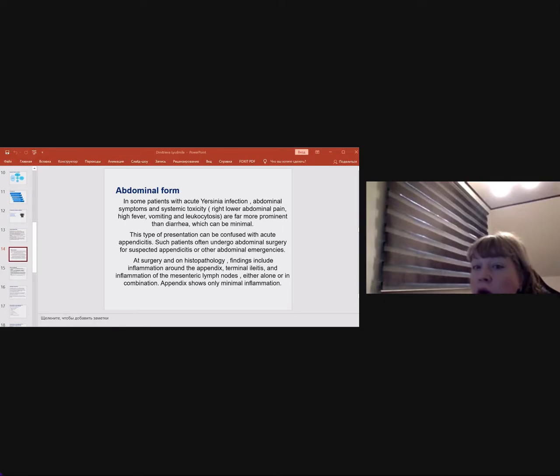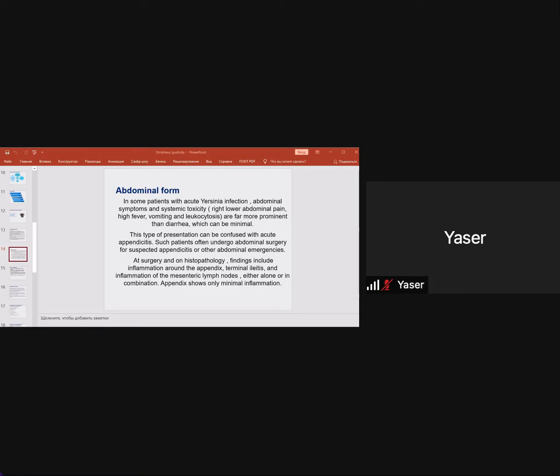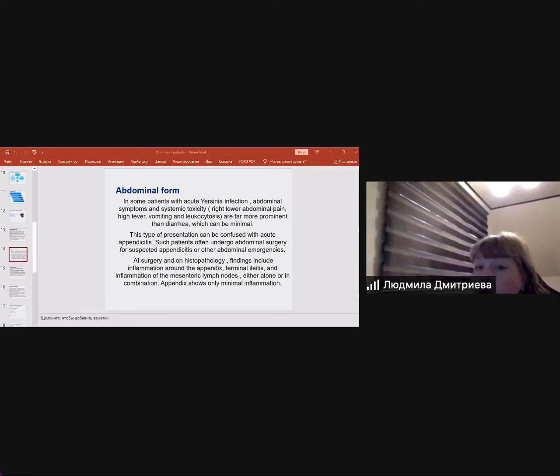Such patients often undergo abdominal surgery for suspected appendicitis or other abdominal emergencies. At surgery and on histopathology, findings include inflammation around the appendix, terminal ileitis, and inflammation of the mesenteric lymph nodes, either alone or in combination. Appendix shows only minimal inflammation.